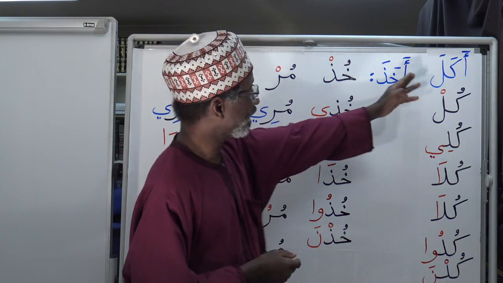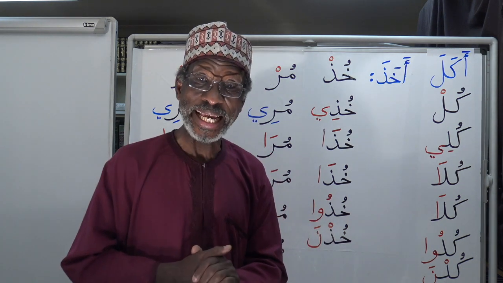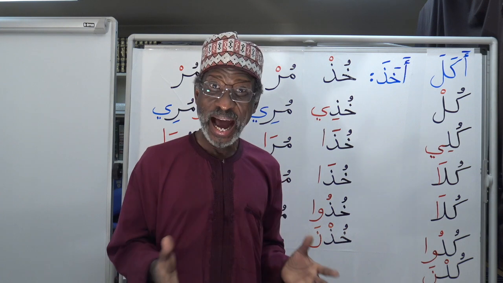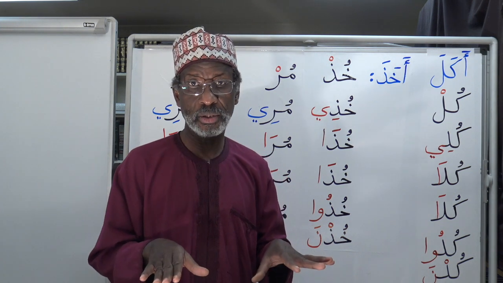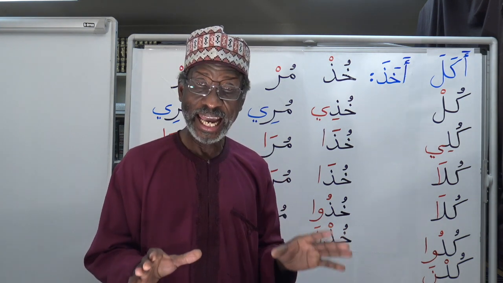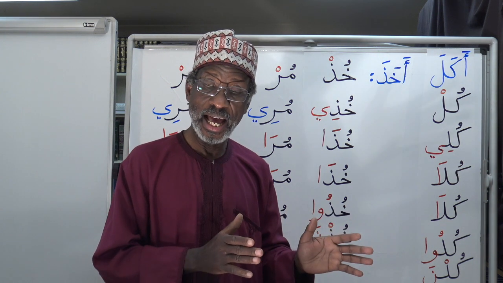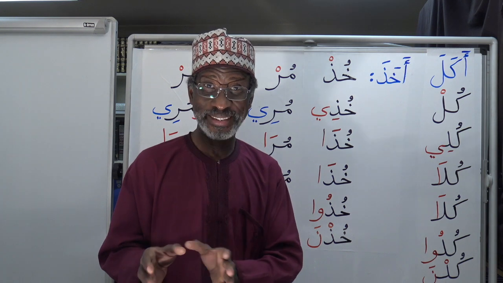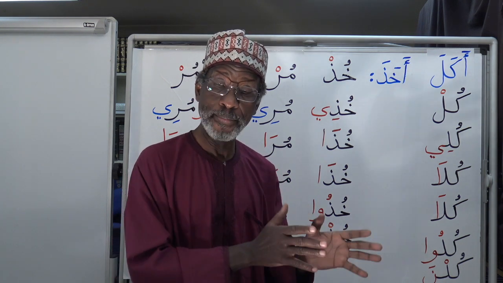Now, the first one is akala. That's the verb to eat. Akala, he ate. In the past tense, normal conjugation. You will say akala, akala, akalu. That's masculine, third person, singular, dual, and plural.